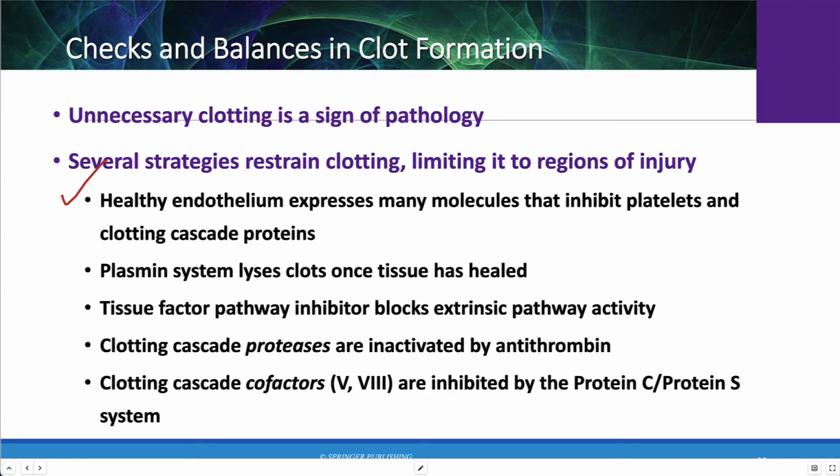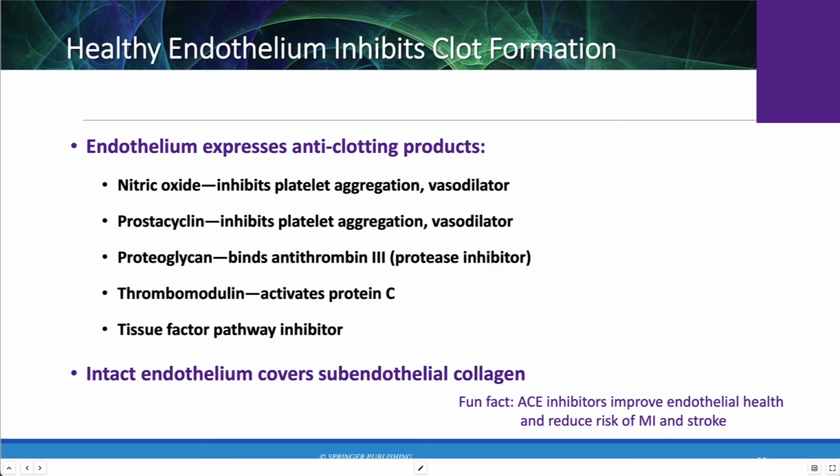So that also works against the clotting system. Tissue factor pathways, the proteases, the cofactors, all of these things are restraints against clotting. Remember that healthy endothelium inhibits clot formation.